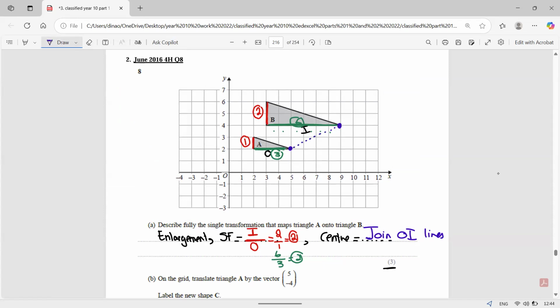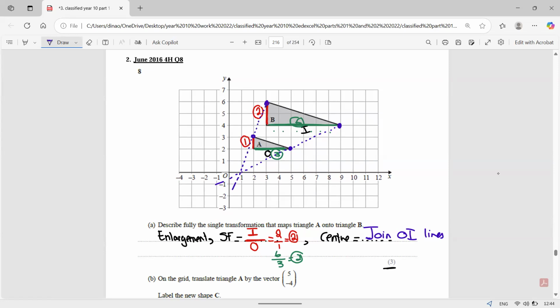Join and extend. I'll try to be accurate. Join and extend. Then pick another OI line, for example this one with this one. Same thing. Join and extend. So to find the center, you join the OI lines.